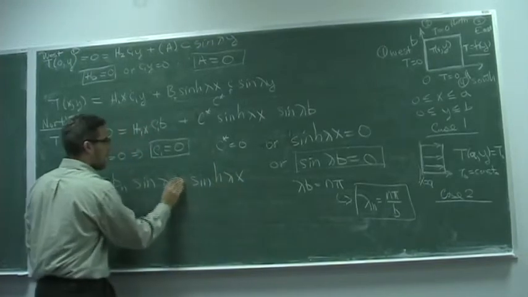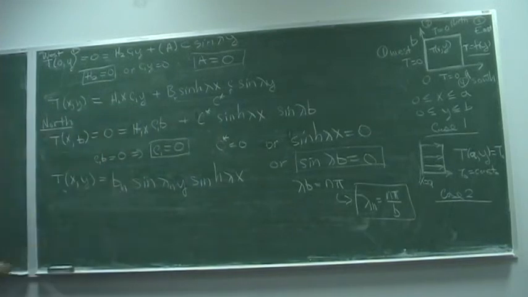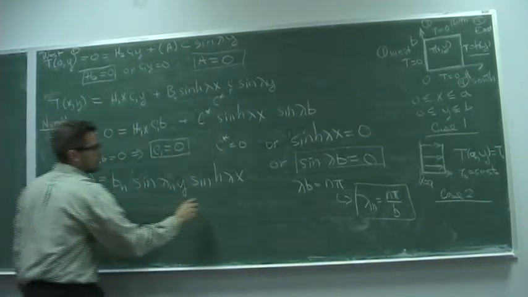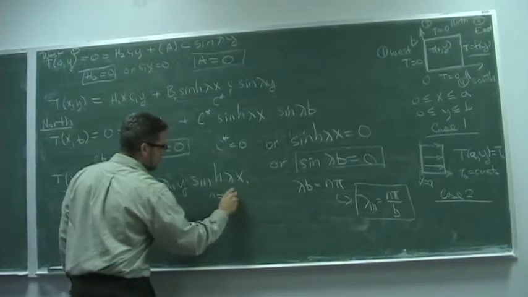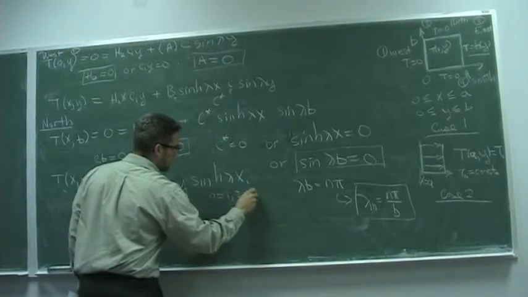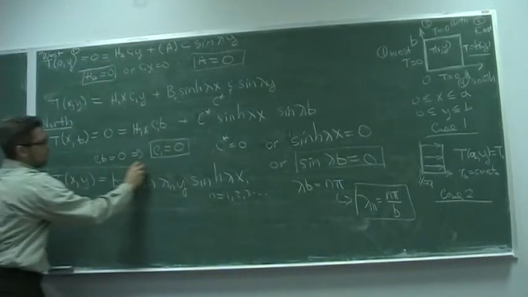Oh, this should be y, I'm sorry. Sine lambda y. So I've done the substitution there, and I need to put a comma and say for n equals 1, 2, 3, and so on. So that's what I've got from here.